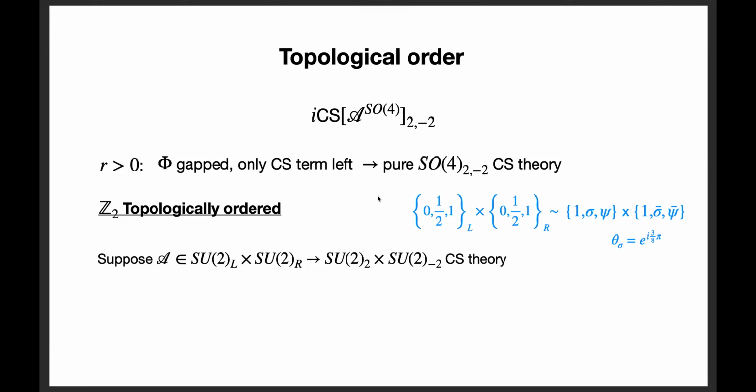Then because we have only this level 2 and -2 for each of the SU2, this Chern-Simons theory is familiar to everyone. The left part has 0, spin 1/2, and spin 1 representations, and the right one has also the same.